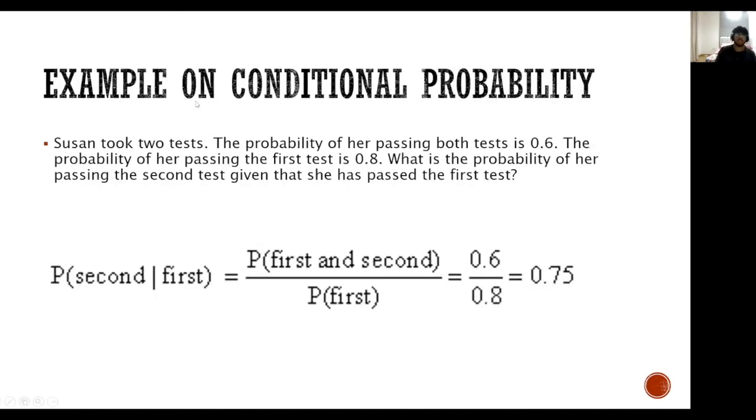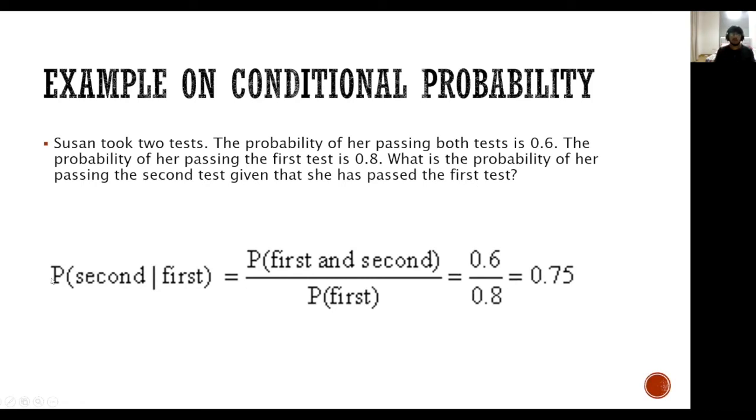So let's look at an example of conditional probability. Let's say that Susan took 2 tests, and the probability of her passing both the tests is 0.6, and the probability of her passing the first test is 0.8. What is the probability of her passing the second test, given that she's passed the first test?